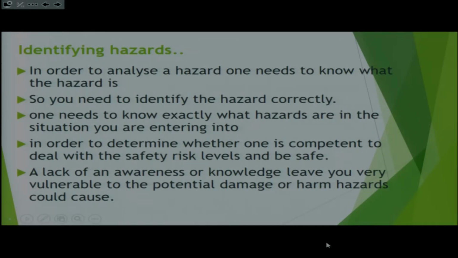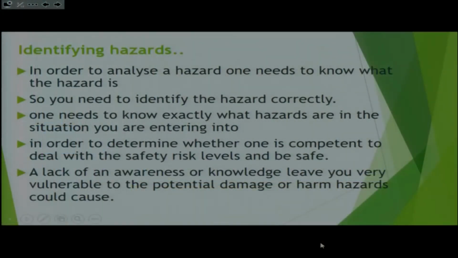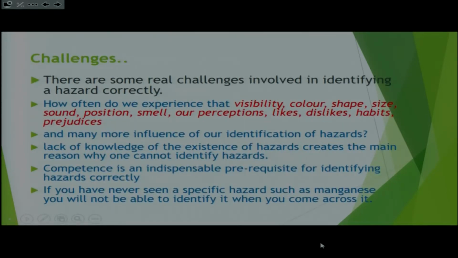Ultimately, once we identify those hazards, we can anticipate safety risk levels, and then we can put the necessary control or remedial measures to prevent those hazards from creating safety risks that can create an accident at the end of the day. So a lack of awareness or knowledge will leave you very vulnerable to potential damage or harm that those hazards could cause. Very, very important, ladies and gents.